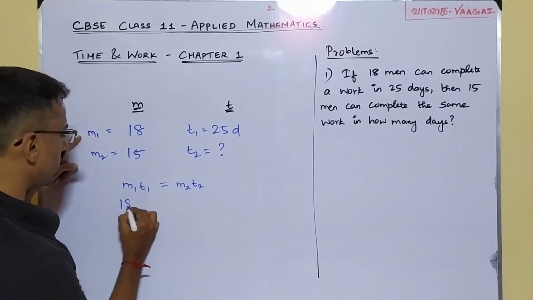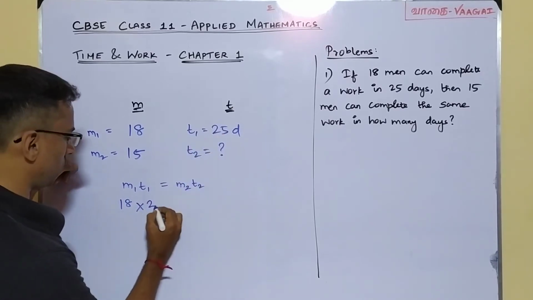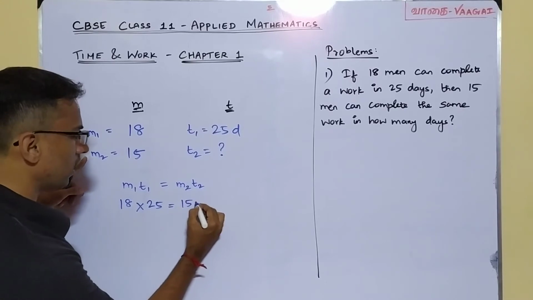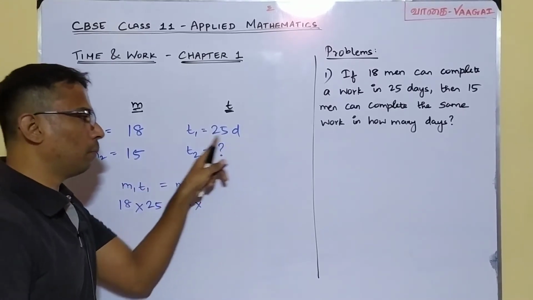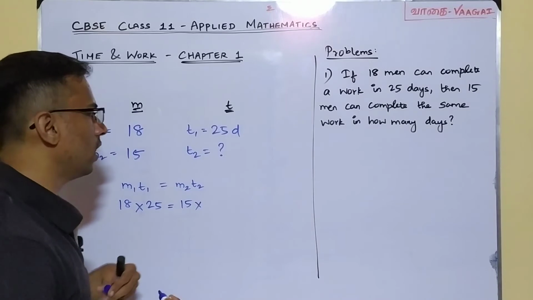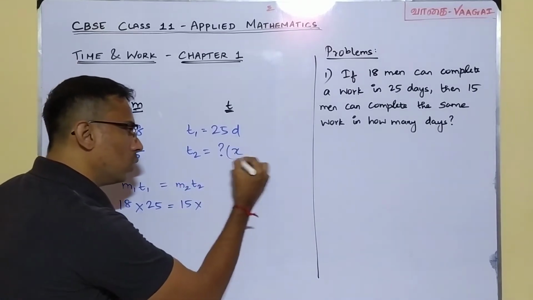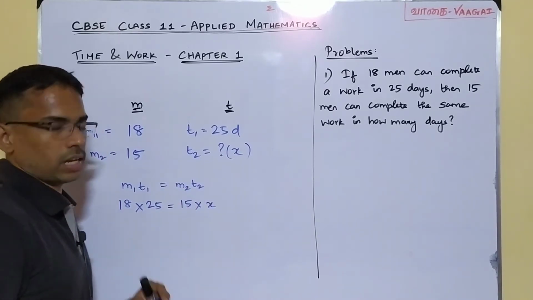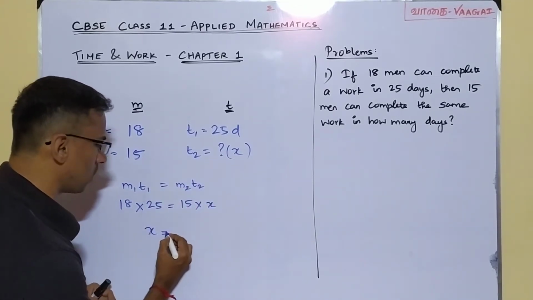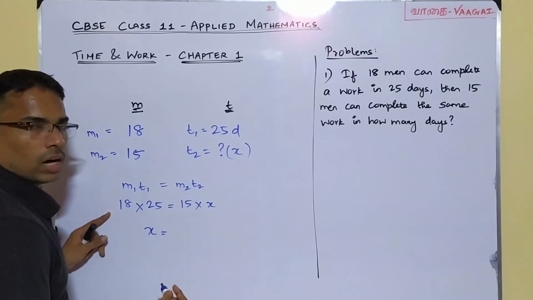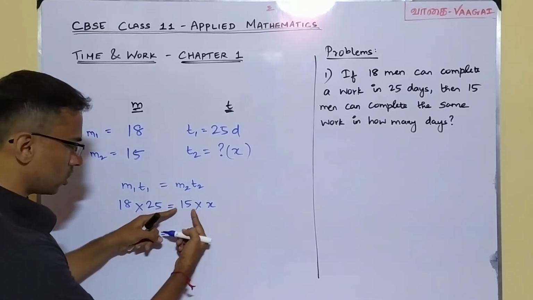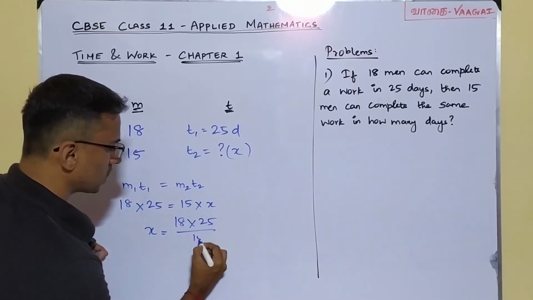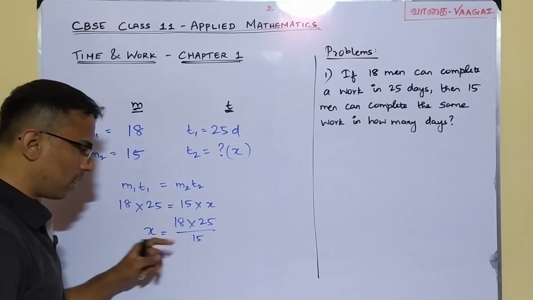So M1 is 18 into T1 is 25, which is the same as M2 is 15 into time 2, the number of days we are supposed to find. Let me take this value to be some x. So 15 into time 2 is x. Bring this 15 to the other side so it comes as divided by 15. So x will be equal to 18 times 25 by 15.